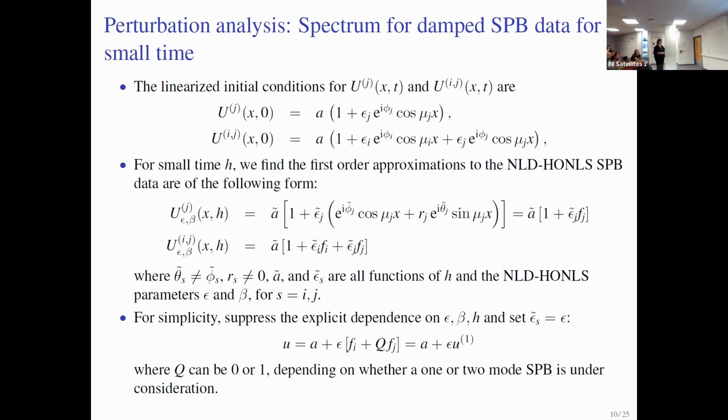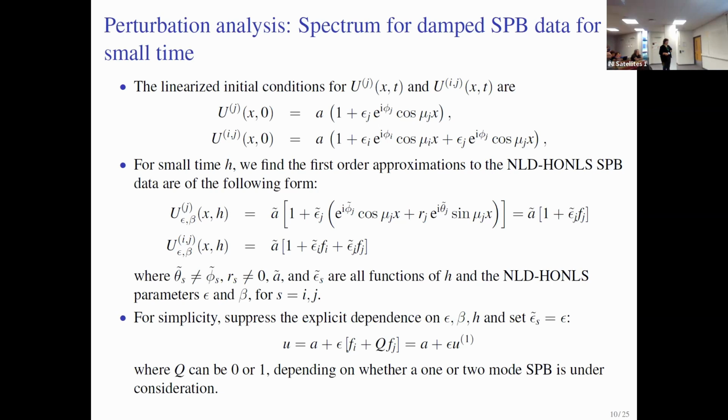But now all of these coefficients, the A tilde, epsilon tilde, R_j, the thetas, are all functions of h, epsilon, and beta, where epsilon and beta are the parameters for the nonlinear damped equation.